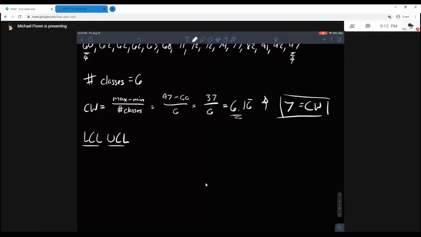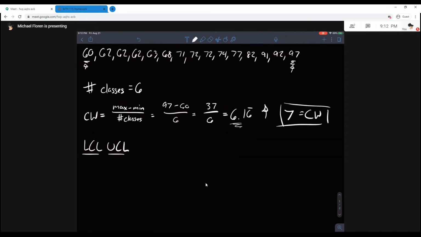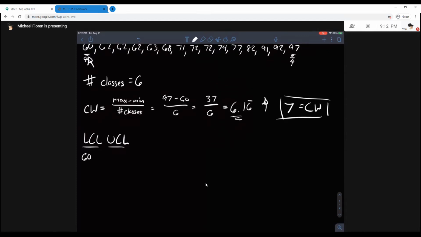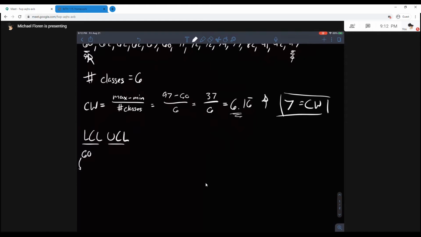For my lower class limit, I start at my minimum value, and I almost always start at the minimum, 60. Then I add the class width to get to the next one. My class width is 7, so I add 7 to get to 67. Then 67 plus 7 gives me 74, and 74 plus 7 gives me 81.